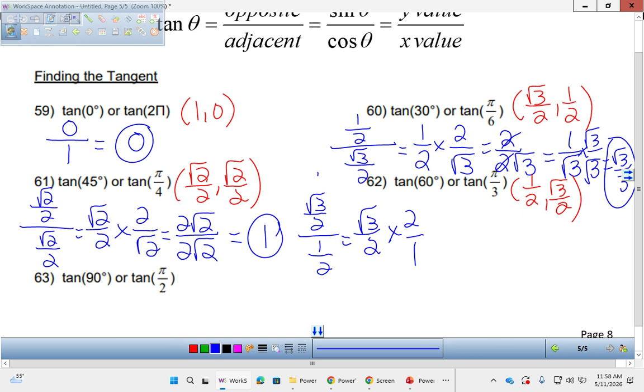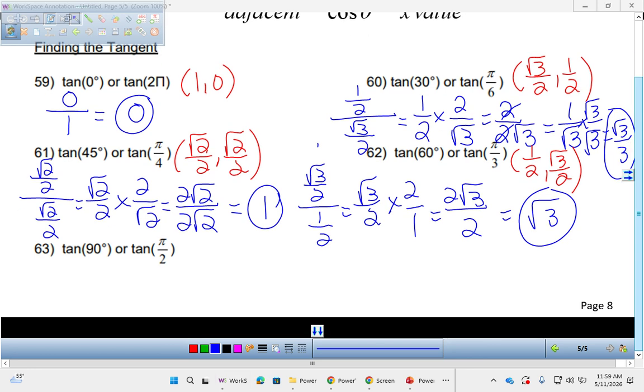And then I multiply straight across. 2 times root 3 is 2 root 3, and 2 times 1 is 2. The 2's cancel out. So the tangent at 60 degrees is root 3. You have to calculate the tangent, y divided by x, or memorize the tangents. You'll see there's not that many to memorize if you choose to go that route.